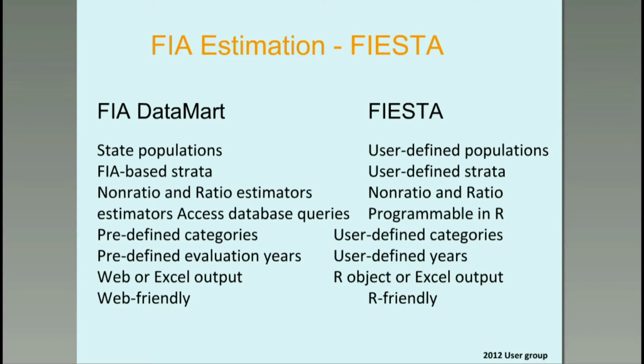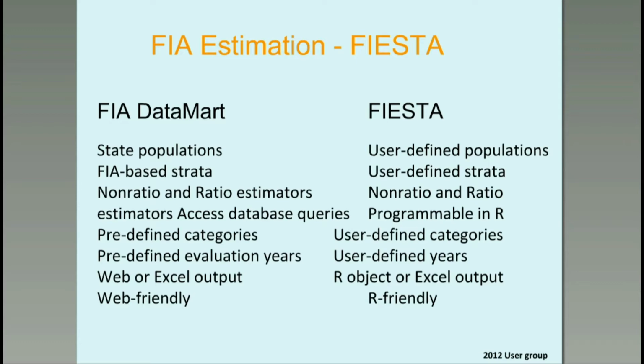The FIA DATAMART, as Jim said, can do non-ratio and ratio estimators. FIESTA can now do both non-ratio and ratio estimators, thanks to Paul Patterson. The FIA DATAMART also has the Access database queries, where we saw a lot of templates of the canned queries that EVALIDator and FIDO can do.